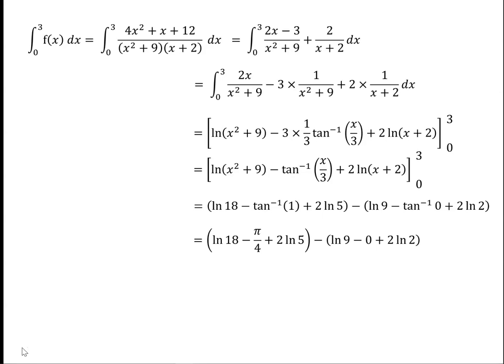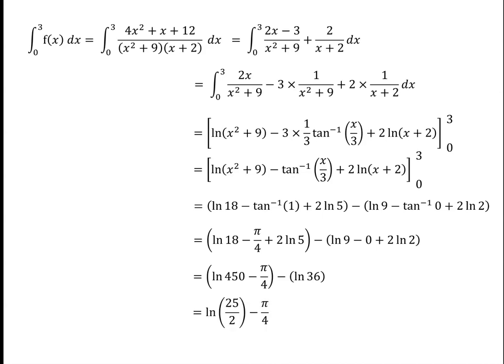So our expression we've got at the moment for the integral simplifies to logarithm of 450, take away pi by 4, take away the logarithm of 36. The logarithm of 450, take away the logarithm of 36, is the logarithm of 450 divided by 36, which simplifies to 25 over 2.